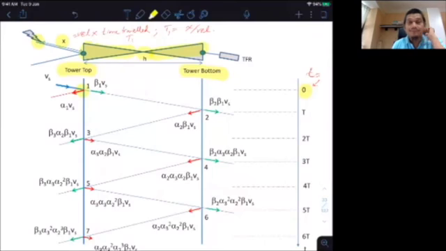neglecting T1. So when it reached the tower top, it will get reflected, right? As we have discussed. And the reflection voltage is alpha 1 Vs. So where does the reflection go? It goes back to the right because we're coming from the middle to the left. So it goes back to the right of the transmission line.